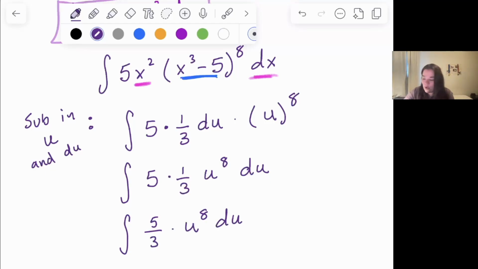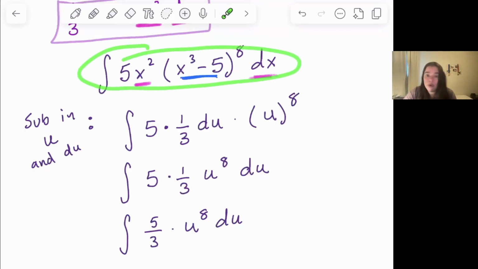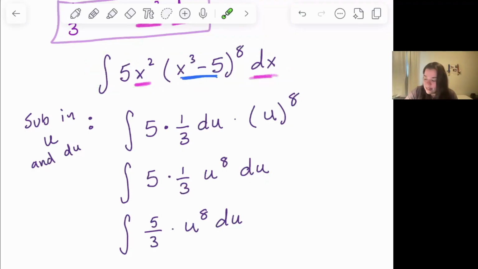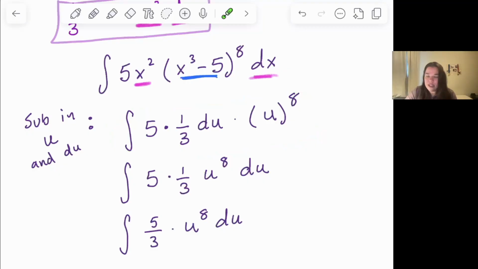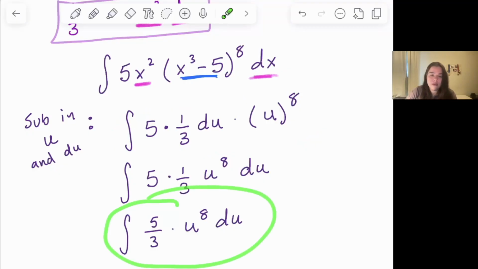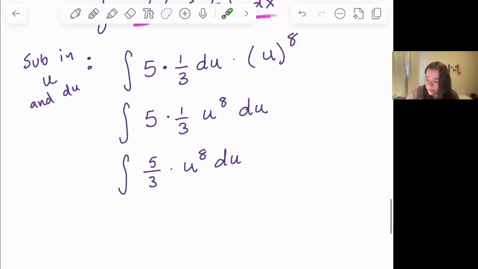Now remember the whole goal here. I took a very complicated looking problem. I did an appropriate substitution to get everything in terms of a new variable. I cleaned it up. And now I can integrate this down here using the power rule. This is a simple power rule integration. So this will equal 5/3 hangs out.